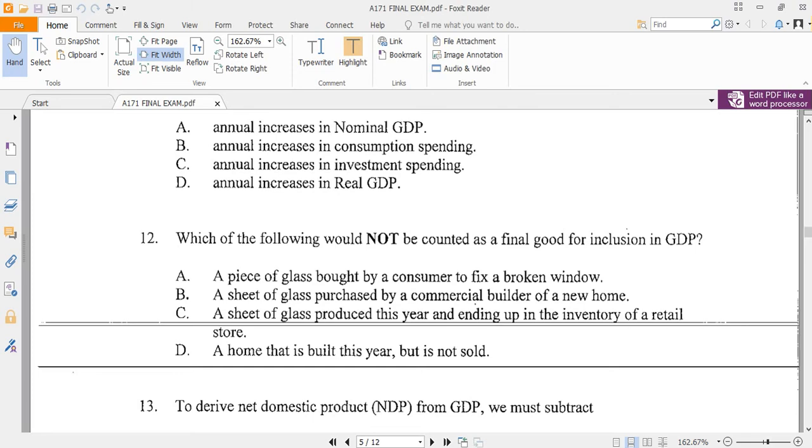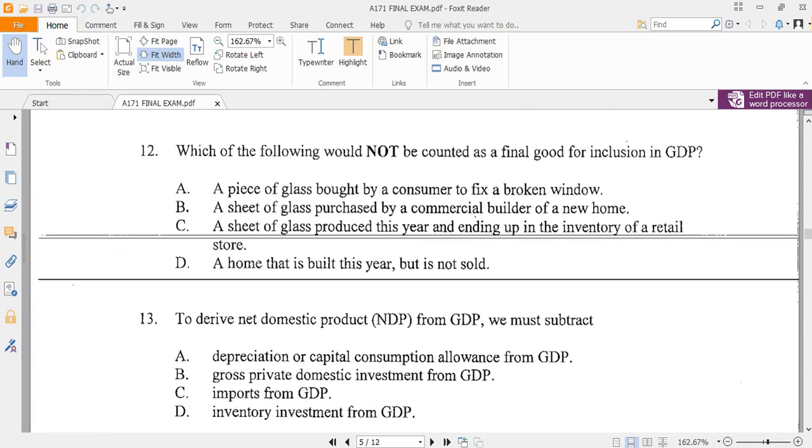That is the answer that you want to find. This is actually part of the expenditure approach concept, because the expenditure approach is based on final goods, meaning consumption of final goods.